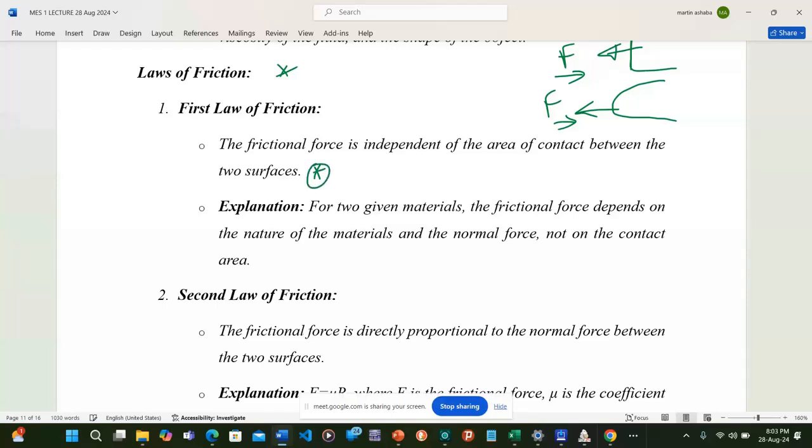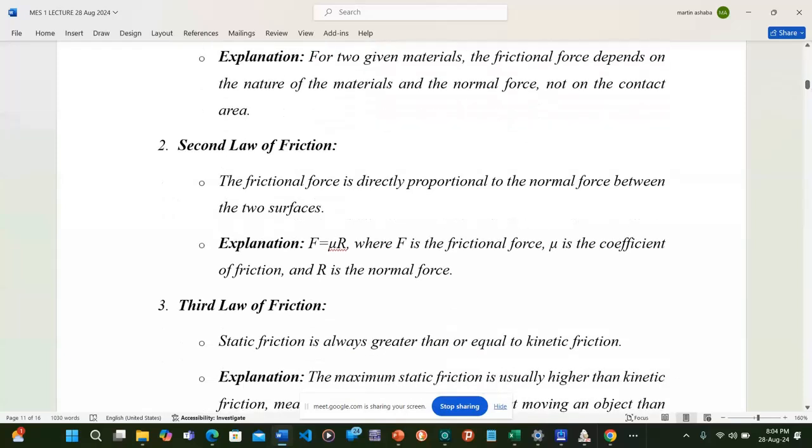Much as we see that when we are moving, we have our surfaces in contact with wherever the object surface is in contact with the surface over which it is moving, we shall realize that the friction force experienced by this moving body is independent of the area of contact between the two surfaces. That one has to be put in your mind.